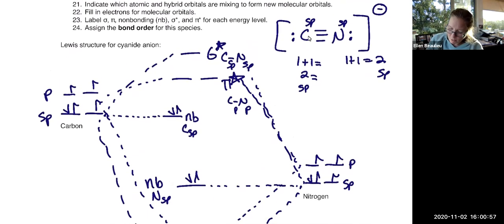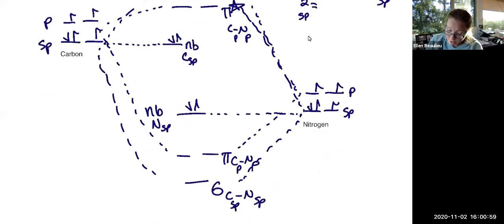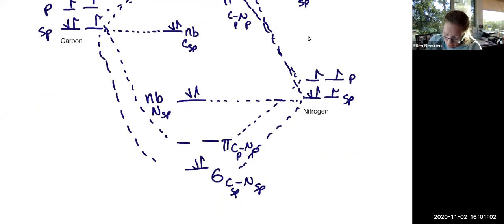Now we have 2, 4, 6, 8, 10 electrons in this picture. 1, 2, 3, 4, 5, 6, 7, 8, 9, 10 electrons in our picture. That's it.